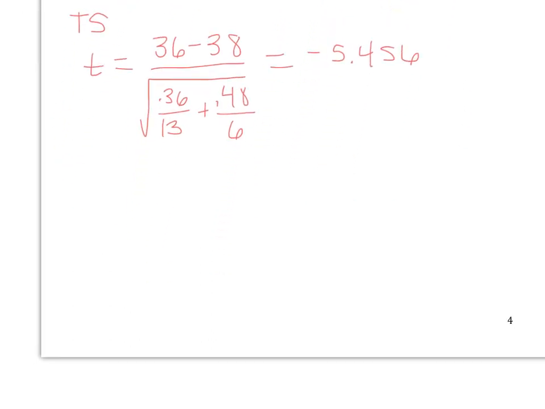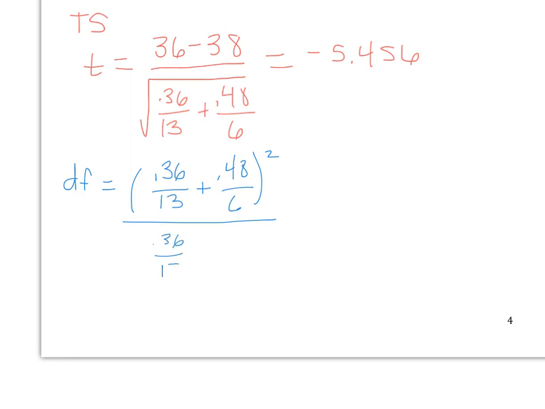So the next step is to find the p-value, but to do that, we need the degrees of freedom. So plugging things in, in the numerator we get 0.36 over 13 plus 0.48 over 6, that whole thing squared, and then divide that by 0.36 over 13, that squared, divided by 12, plus 0.48 over 6, that squared, over 5.